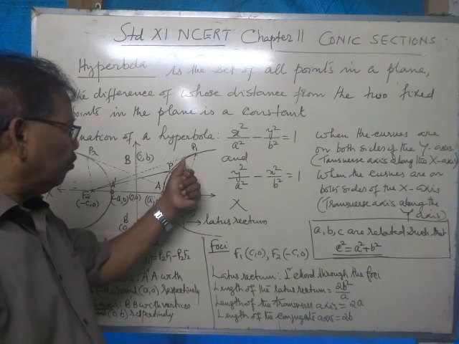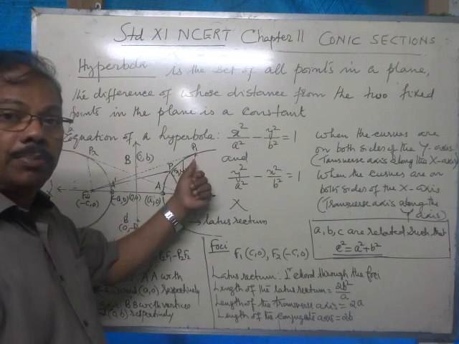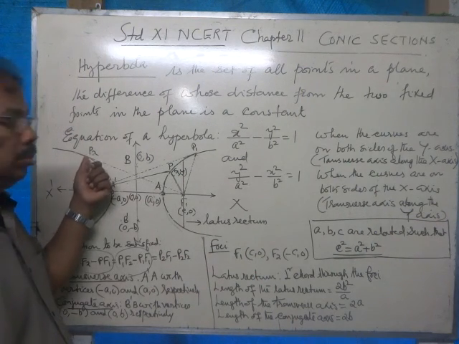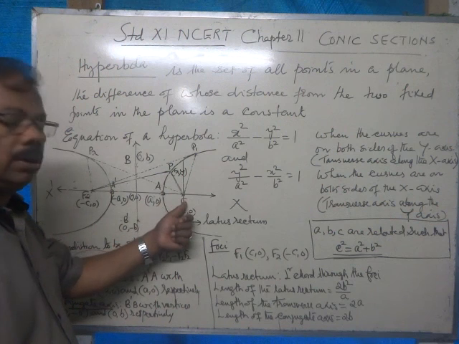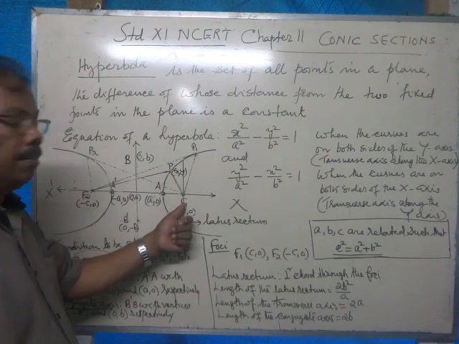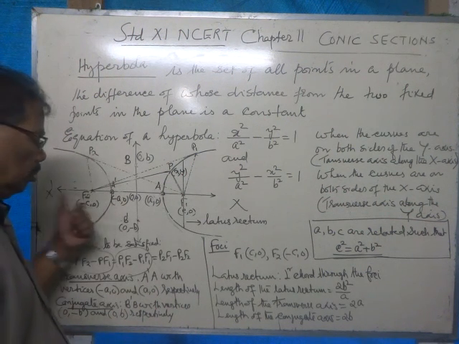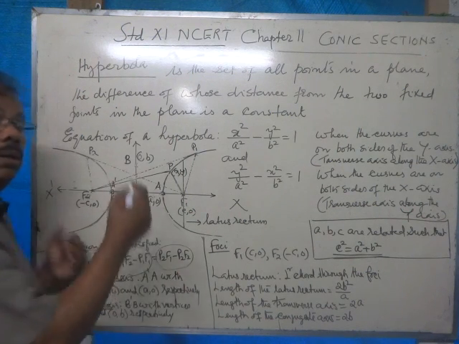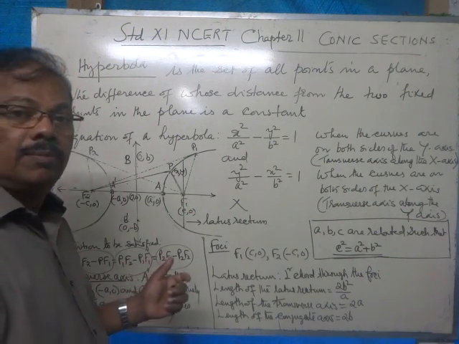The position of P at P1 does not stop there. You can take another position, let's say P2, then P2F1 minus P2F2 will also be equal to the same difference.